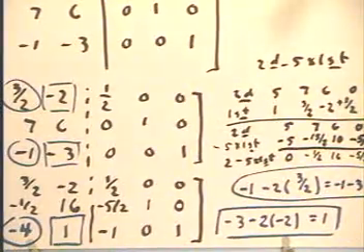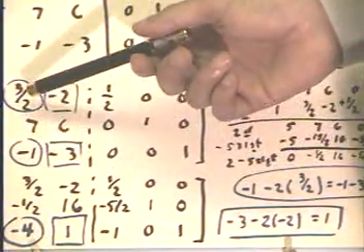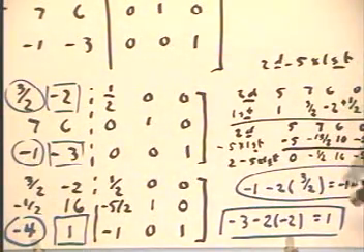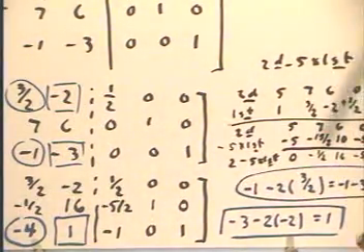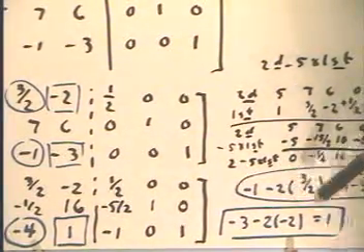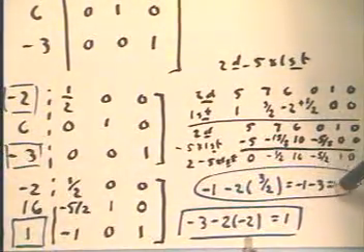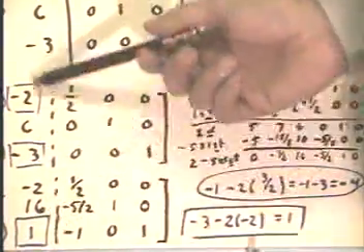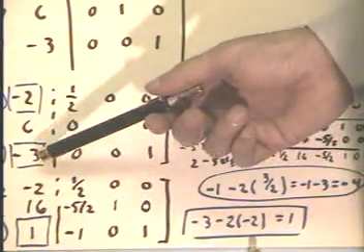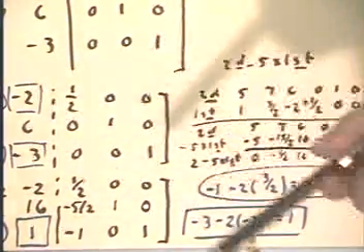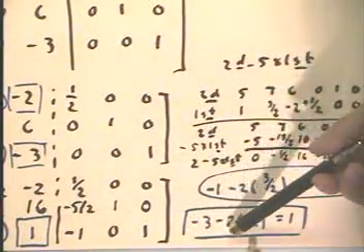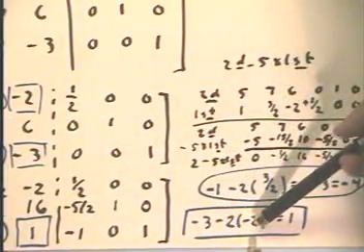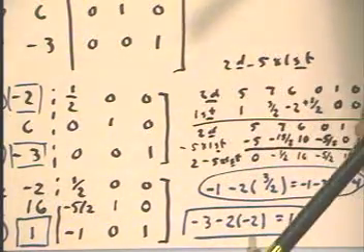Okay, so we see that we want to do negative 1 minus 2 times 3 halves. So negative 1 minus 2 times 3 halves gives us what? Negative 1. 2 times 3 halves is just 3. So it'll be negative 1 minus 3 or negative 4. The numbers in the boxes here, we want to do negative 3 minus 2 times negative 2. That's negative 3 minus 2 times negative 2, and that gives us 1. Minus 2 times negative 2 is 4, so that's a plus 4, and a negative 3 gives us a 1.